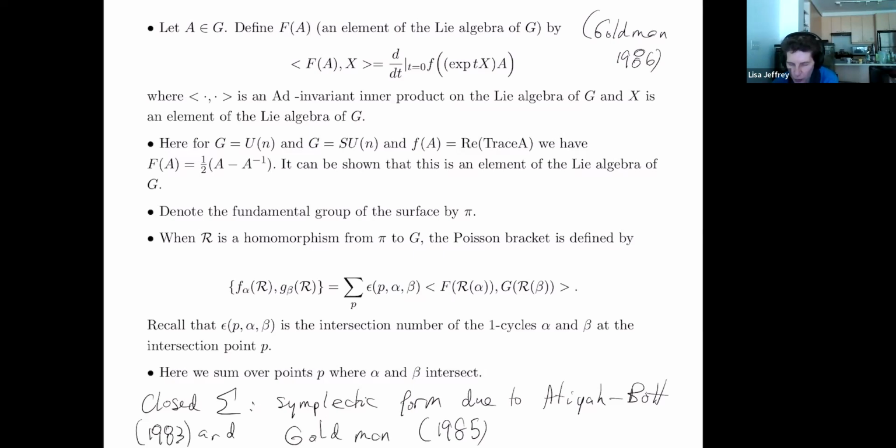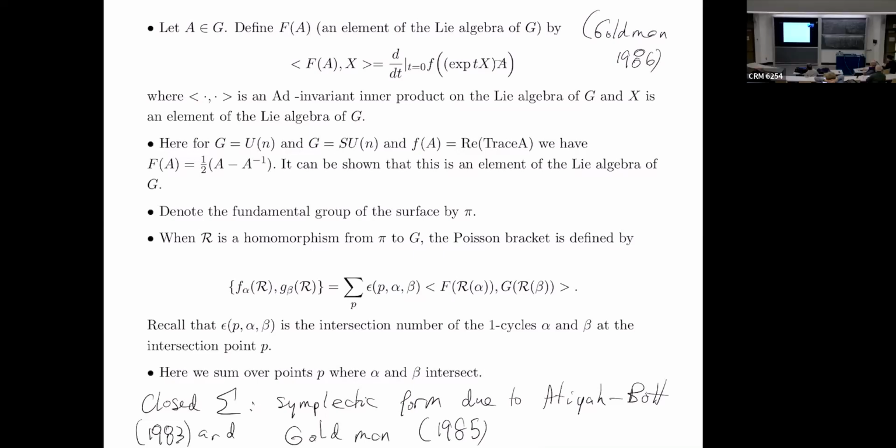You're probably wondering why. The ingredients in this construction involve choosing a function, the function little f, and also choosing the Killing form, which could be multiplied by a constant scalar.